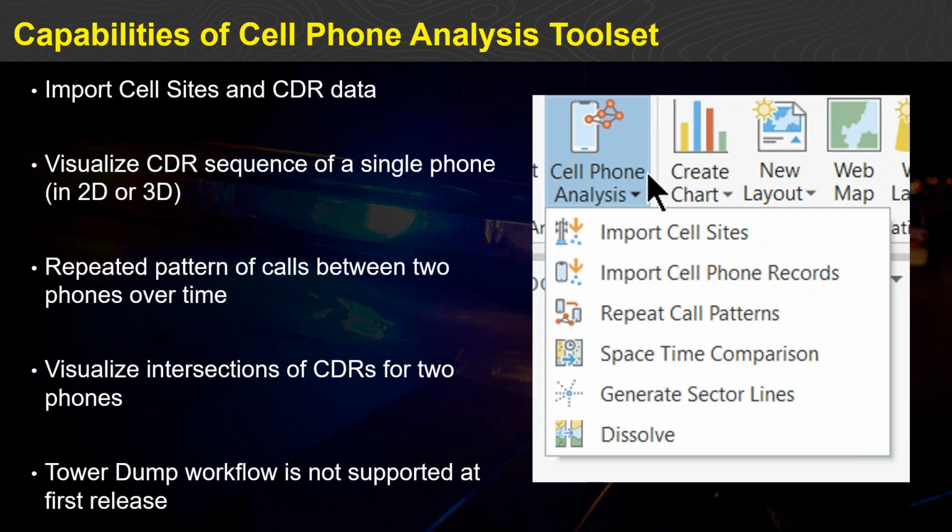You can take any two-dimensional data that has a time value and extrude it as a height, as a Z value, into 3D space. In that way, you can also create call detail record sequences in 3D using this new tool, and I'll show you how to do that.